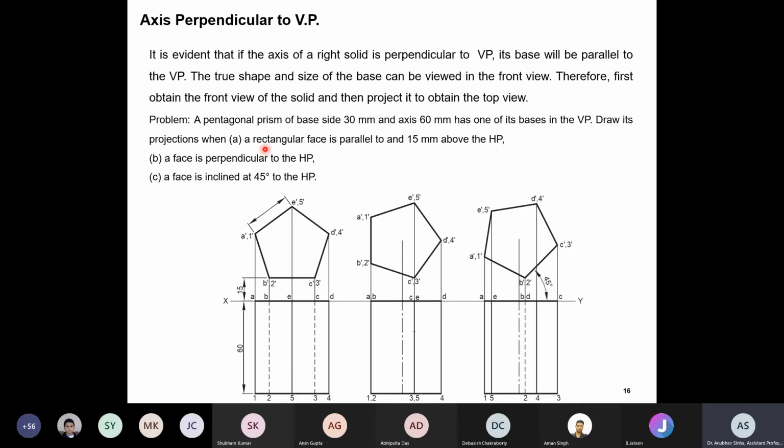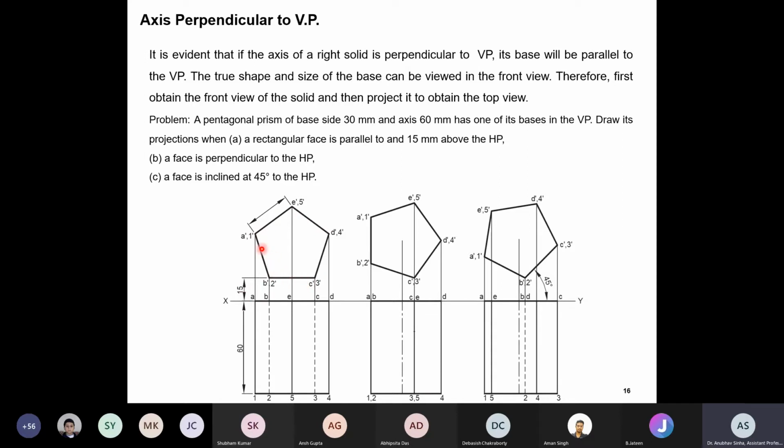So let us start with the first example. Regular face parallel to and 15 mm above the horizontal plane. So this is given. This is parallel to HP and it is 15 mm above the HP. So you draw this, first draw this edge, make a pentagon out of it using that edge.